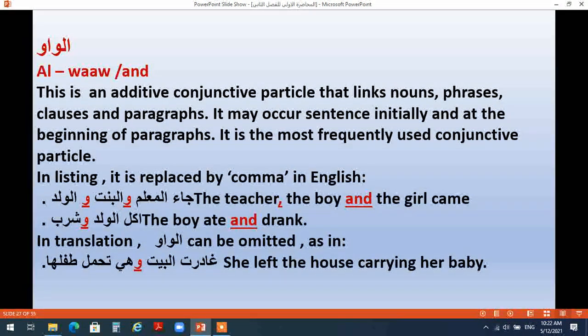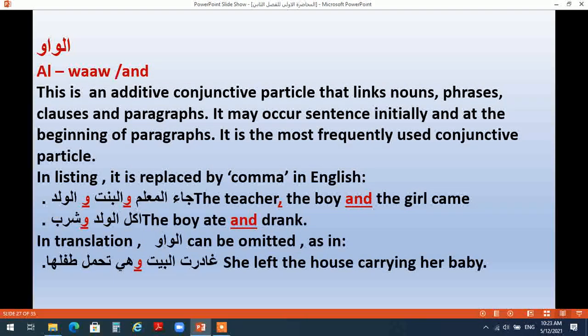In listing it is replaced by comma in English. نلاحظ أنه باللغة العربية التكرار يعني محبذ عكس الإنجليزية تماما. فكل ما نريد مثلا عندنا تعداد لشيء معين فلا بد أن نكرر الواو مع كل تعداد. مثلا جاء المعلم والبنت والولد، نلاحظ هنا الواو تتكرر دائما. أما بالإنجليزية غير محبذ التكرار، فبهالحالة ما راح نستخدم الآند قبل كل تعداد، وإنما نستخدم الفارزة ثم نضع and قبل الاسم الأخير.